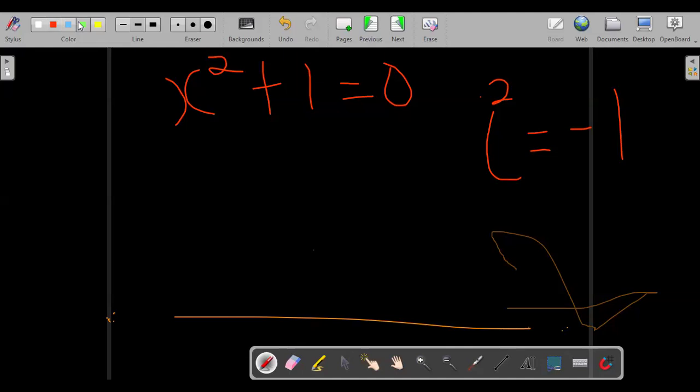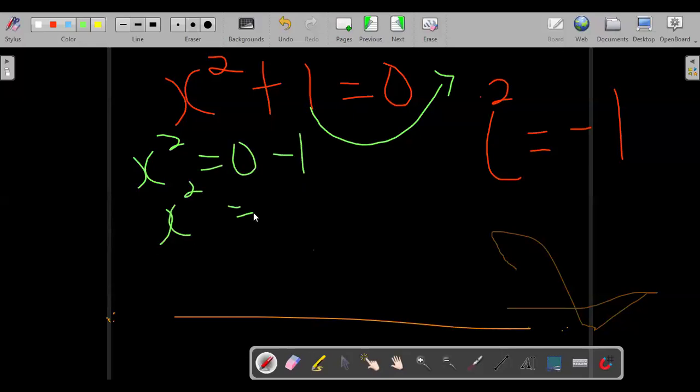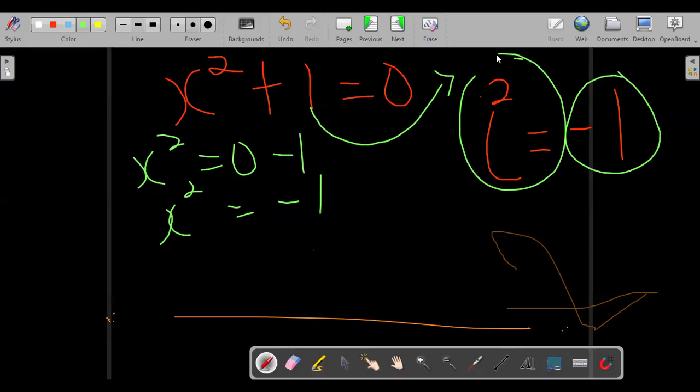First of all, collecting like terms, I will move 1 to the right-hand side, and it becomes minus. I'm going to have x squared equals 0 minus 1, so x squared gives us minus 1. And what is minus 1? It is i squared. So I have x squared equals i squared.